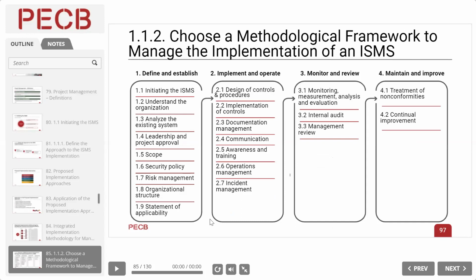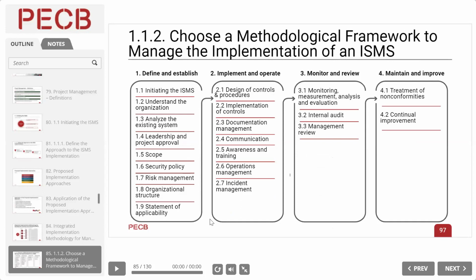Just to further expand on the methodology, this breaks down all the various activities that have to be done in implementing.